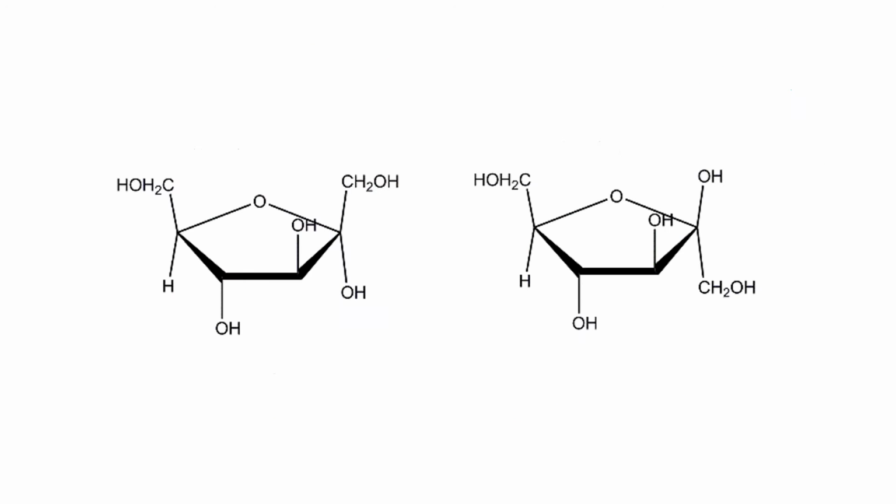Here we have D-fructose, and fructose is a little different because fructose is not an aldohexose. It doesn't have an aldehyde or a carbonyl at the top position. It's a ketohexose, so it has a carbonyl on position number 2 on the Fisher projection.